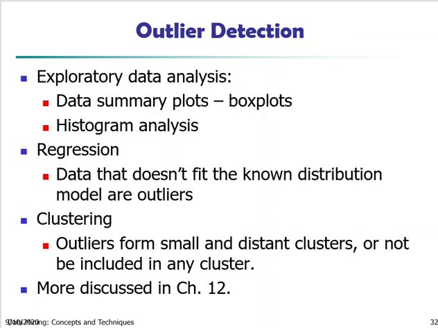So far, to detect outliers, we can use box plots, right? We can use histogram analysis. We could have a histogram with a very stretched out tail, with values far apart from the central values. So a histogram can also be used to detect outliers.